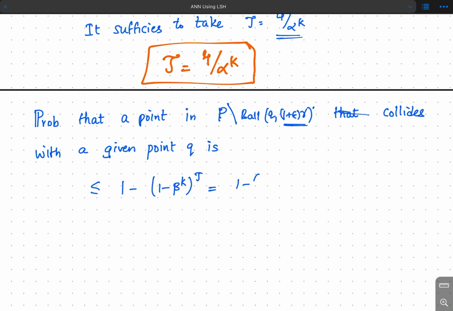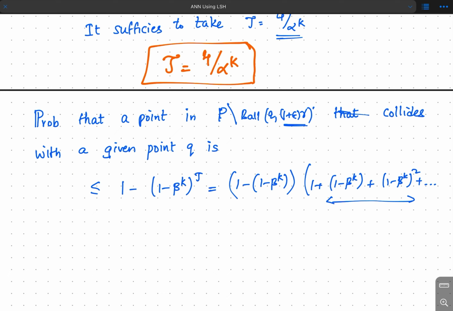We can expand this to be 1 minus beta to the power k times 1 plus (1 minus beta to the power k) plus (1 minus beta to the power k) whole square, and so on. So there will be tau terms in total.